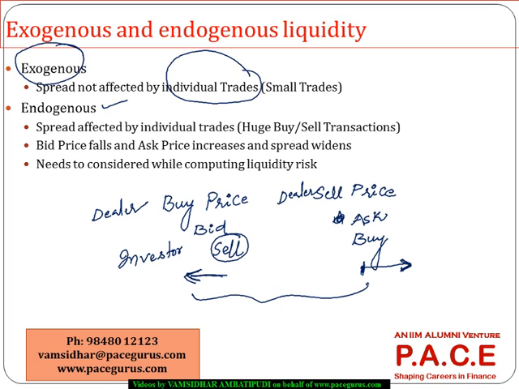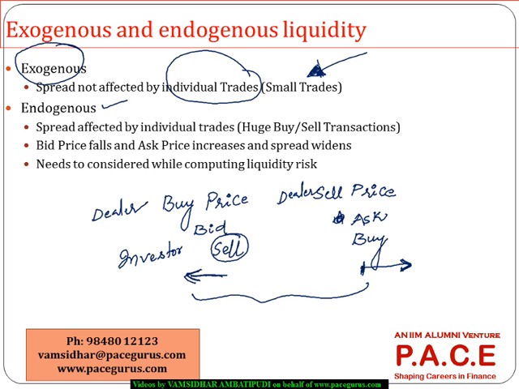But if the trade placed by one small trader, or a few traders, does not influence the price and hence the bid ask spread, that is what we call exogenous liquidity. So the small spread is not affected by individual trades. Those kind of traders generally are small time traders whose trades do not impact the prices at all, and that means the bid ask spread also does not get changed because of them.